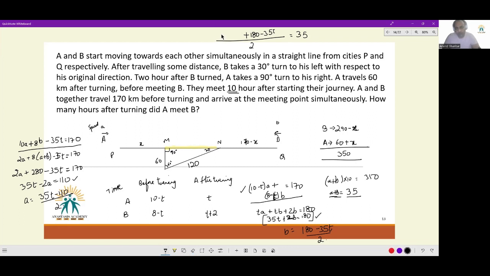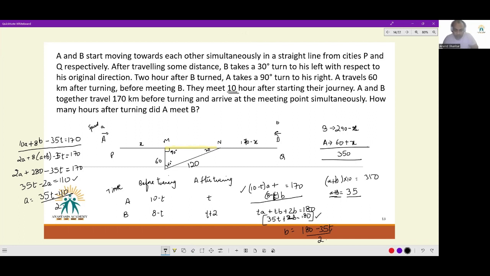This will be equivalent to 35t minus 110 plus 180 minus 35t. So 35t, 35t gone. We are only left with constants, so this is not useful at all.